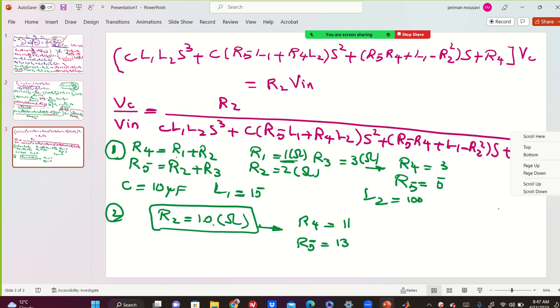Okay, so now I have to select a number that gives you a negative here. Hold on, I have to fix this.